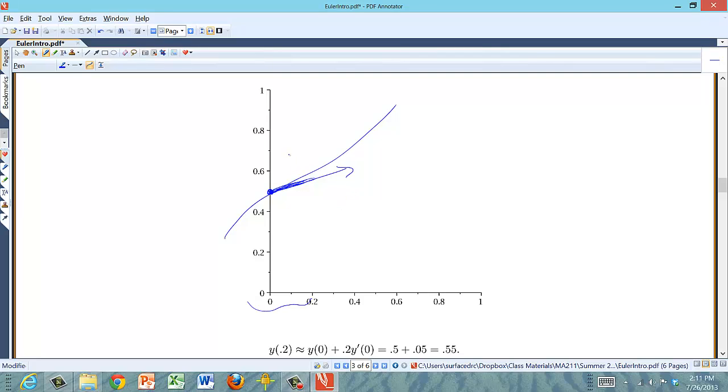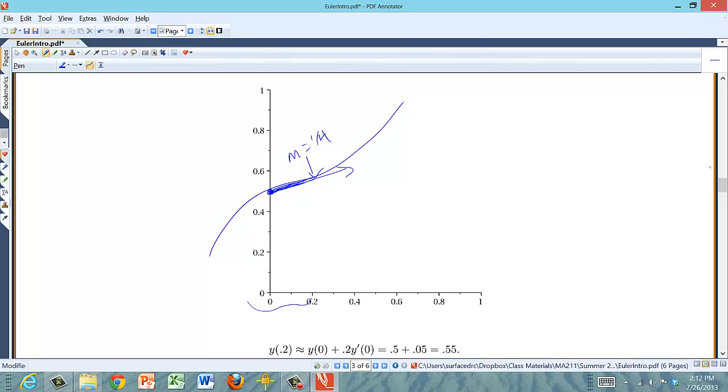So this line that I drew is the line with slope 1/4, and we know, let me redraw my solution. We know that in a neighborhood near time 0, this line and my function are pretty much similar. Okay?